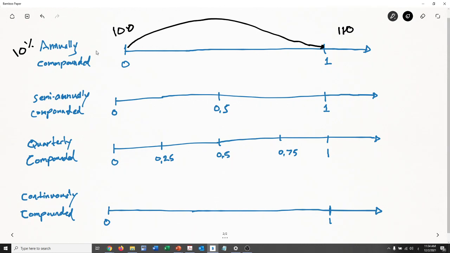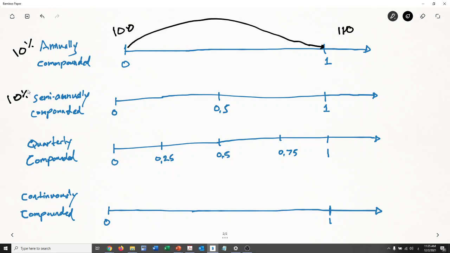Okay, what does a semi-annually compounded rate mean? Now again, if we have a 10% APR, usually this is how rates are described. They are an APR, which means an annualized percentage rate.